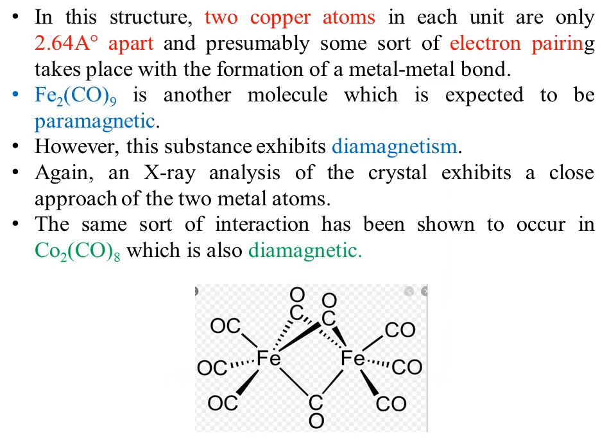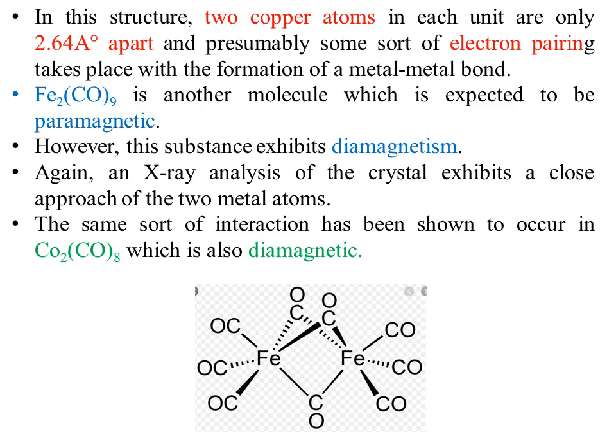In the structure, the two copper atoms in each unit are only 2.64 angstrom apart, and presumably some sort of electron pairing takes place with the formation of a metal bond. As I told you, individually each copper ion has a d9 electronic configuration, and due to one unpaired electron, the expectation is that the molecule is paramagnetic.